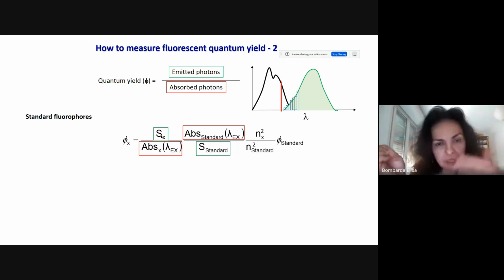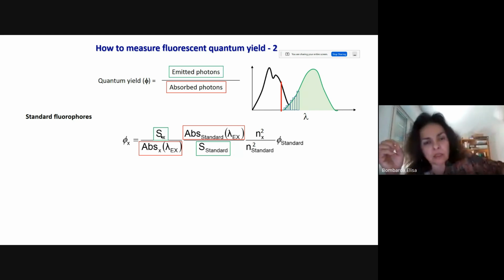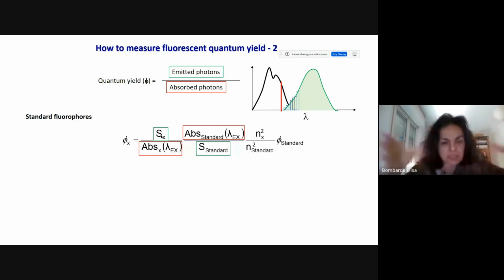In other fluorimeters, with a photomultiplier, you have a voltage or a current. So if you measure the same sample with a different fluorimeter, you may have a different signal, a different intensity.